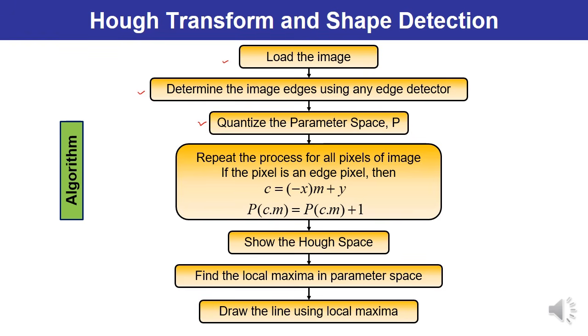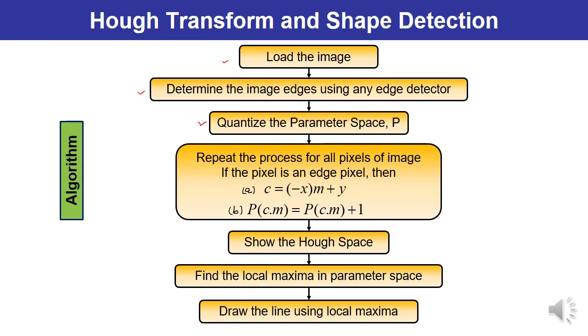In case the pixel is an edge pixel, then the intercept can be written as c, which is equal to minus x times m plus y, and then for the parameter space there must be an increment by 1, so P(c, m) is equal to P(c, m) plus 1, and this process will be repeated until all the pixels of the image are covered.